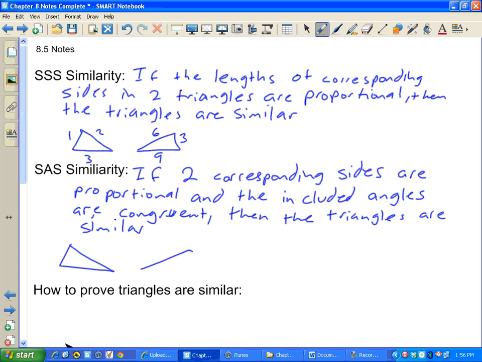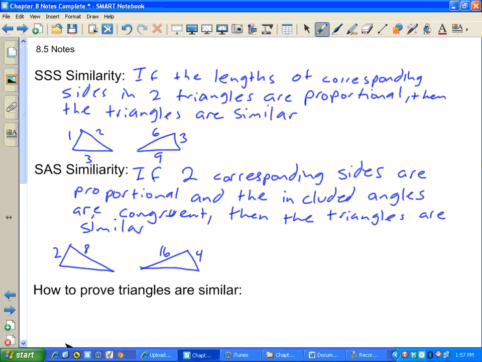So if we've got two triangles again, try to draw them the same shape here. Okay, two triangles again, and I've got two sides that are similar, or proportional. Okay, so if this is 2, 8, and this is 4, 16. Okay, they're a constant ratio, a 1 to 2 ratio, or a 2 to 1, depending on which way you're going.